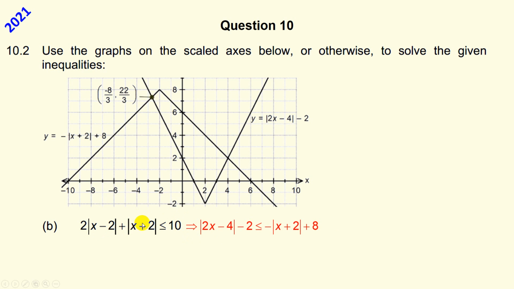That is still that equation. Have a look. Take out the 2, 2x minus 2, plus absolute value of x plus 2. That minus 2 goes to that side, 10. So I now have an equation of a graph I've drawn. And luckily, that is the other graph, which is exactly what I need.